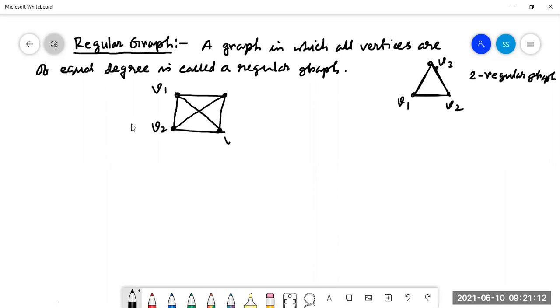V1, V2, V3, V4. Here degree of all vertices is 3, isn't it? Is this understood? Yes, sir.